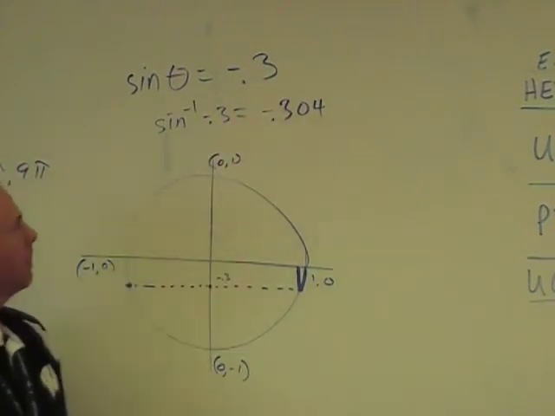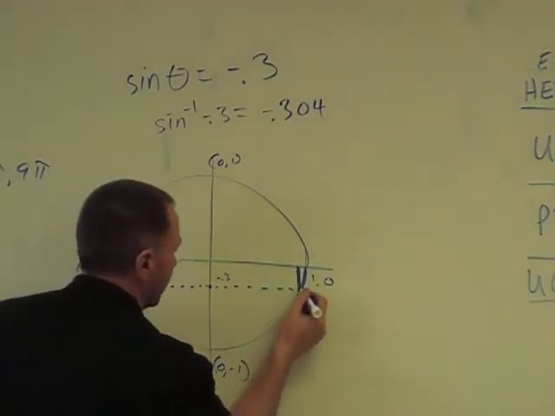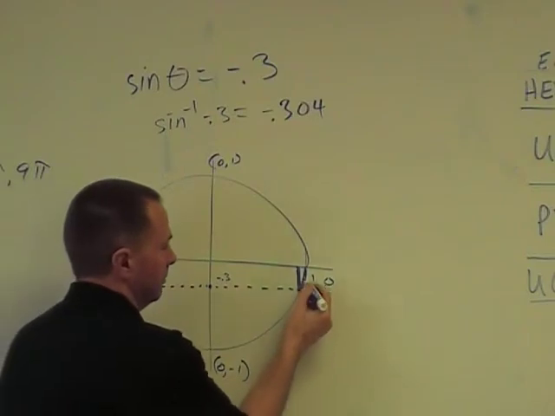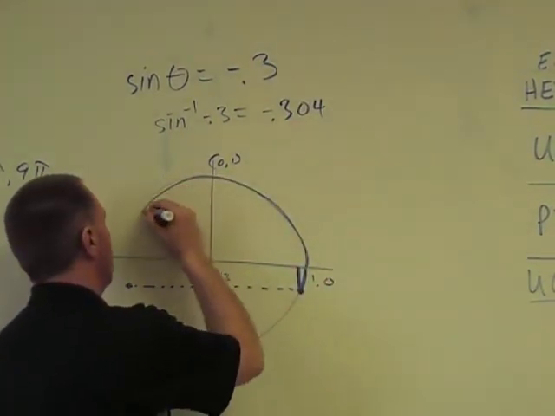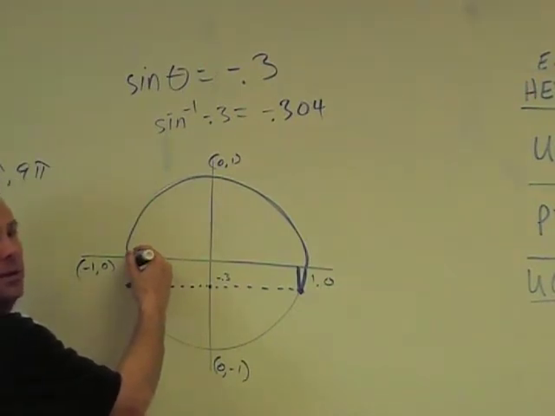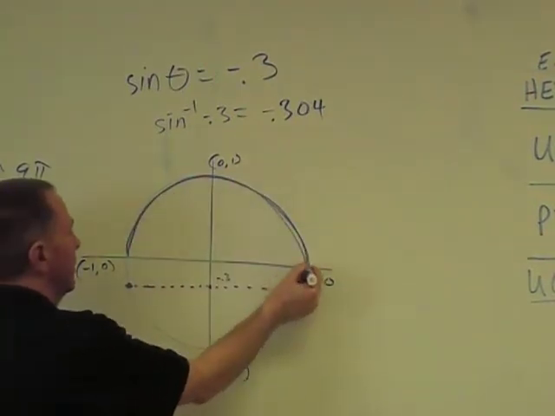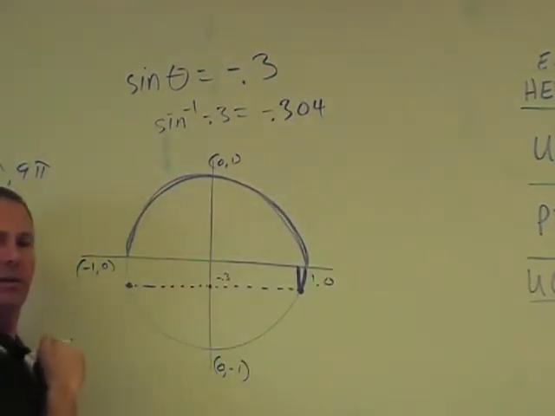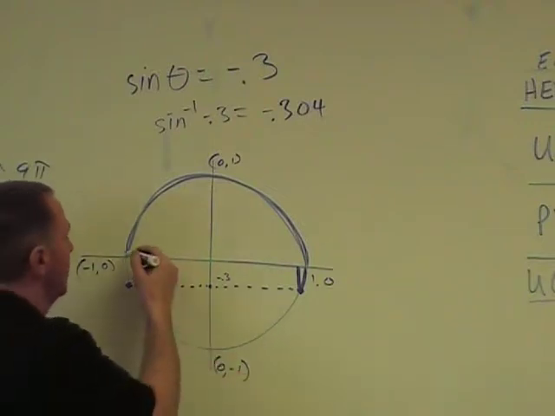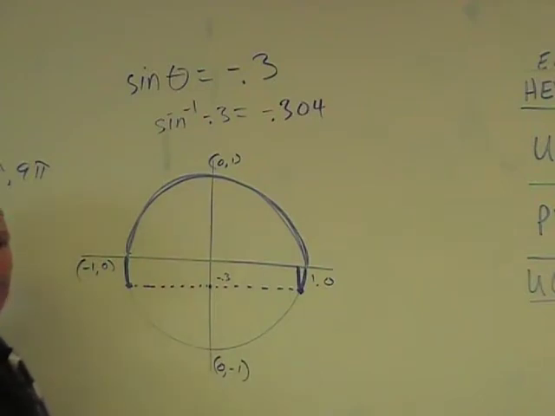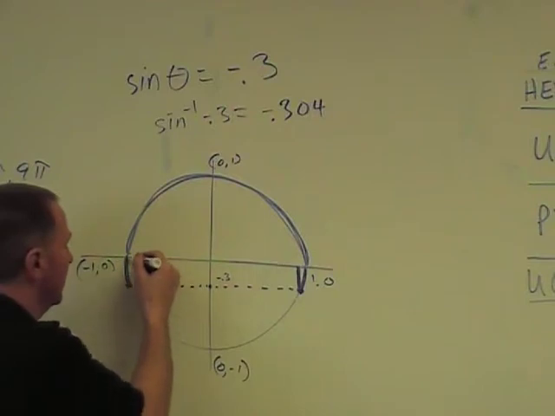So here's the point. What are these points? Well, if I go from here all the way around to this point, how far have I gone? What's this distance? Pi. And what is pi as a number? 3.14. What's this distance right here, from the x-axis to here?